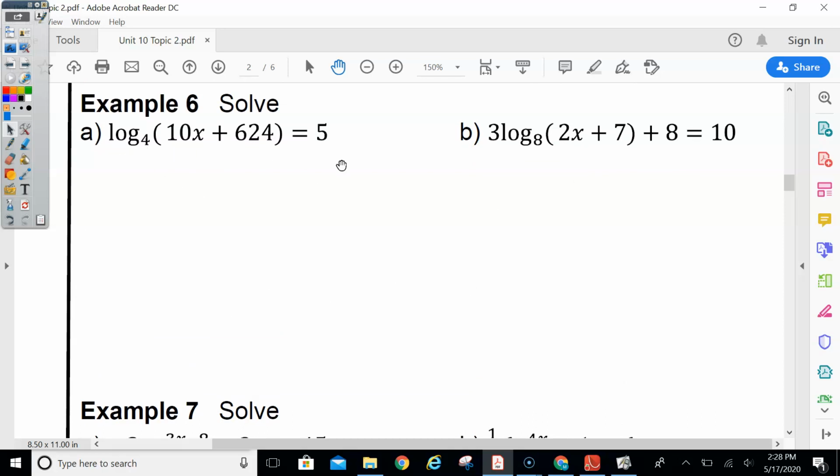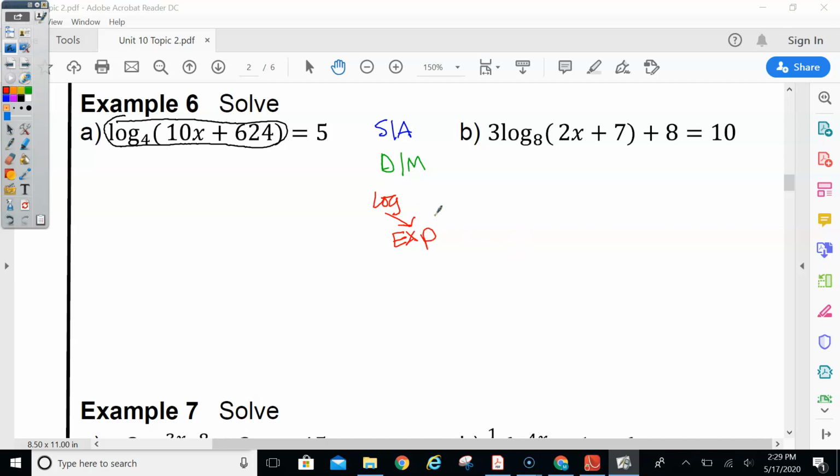So looking at A, remember the goal is to isolate the log and the argument by itself. Well, if we look at that, that's all that's there. So in this case, there's nothing to subtract or add outside, and there's nothing to divide or multiply by on the outside. So we go straight to the exponent, which means we want to convert log into exponentials.